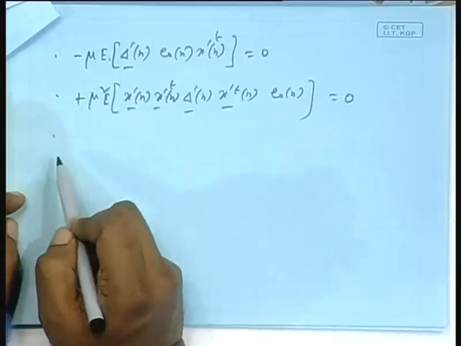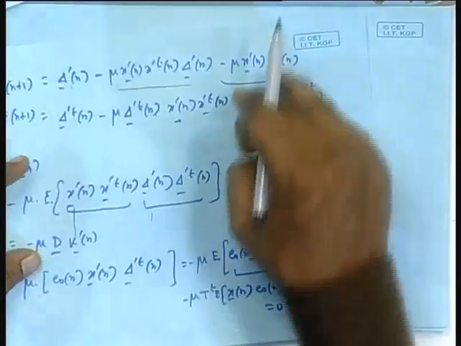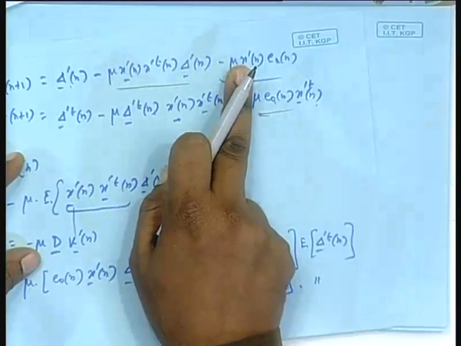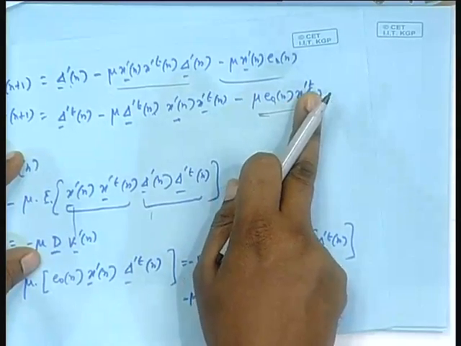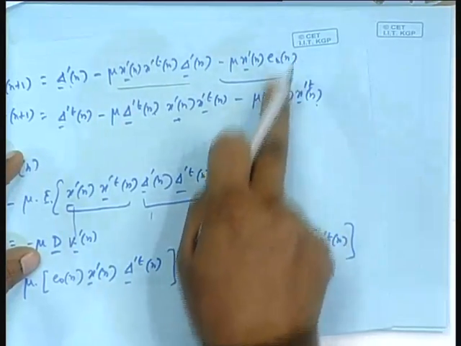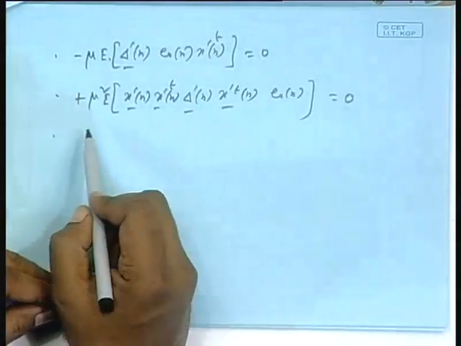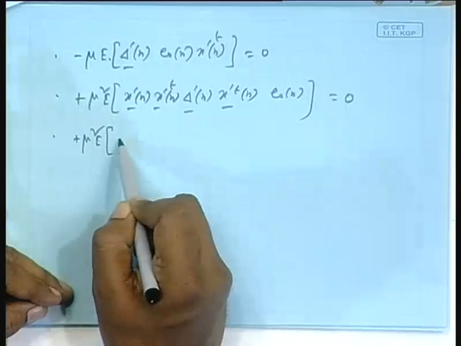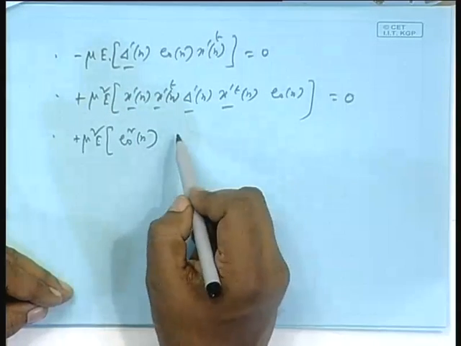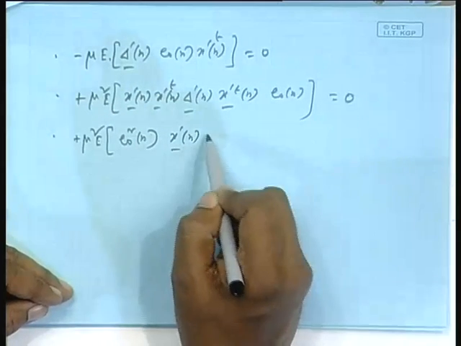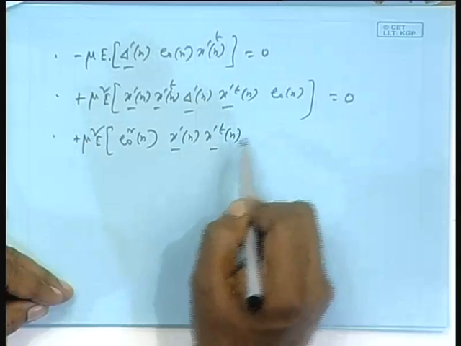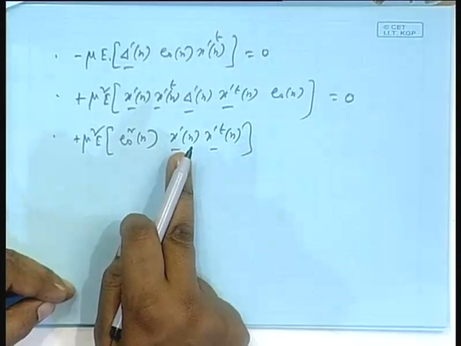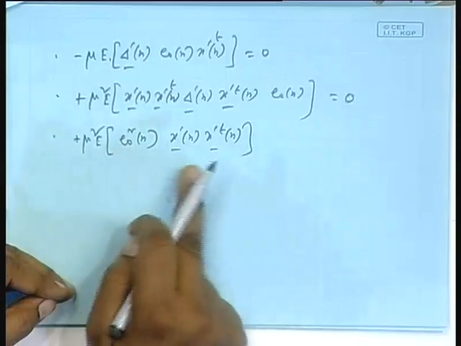The only thing is the last term is important. The last term is the product of these two, minus minus plus, mu square x prime n transpose, and e0n, this is a scalar, e0 square. So, plus mu square E of e0 square n, and e0n and x prime n, they are statistically independent, we have said, and therefore e0 square is statistically independent of this.